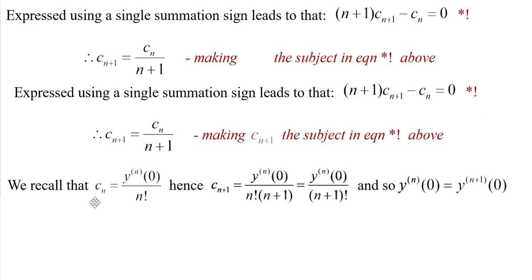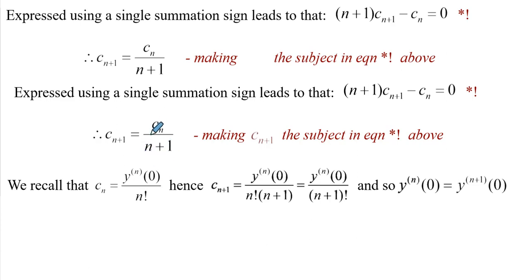And then we recall that in the power series expansion, the nth coefficient c_n was always equal to the nth differential coefficient evaluated at 0 divided by n factorial. So that's what we know. So now if we substitute this c_n by this expression, note that here we've got the denominator n plus 1.